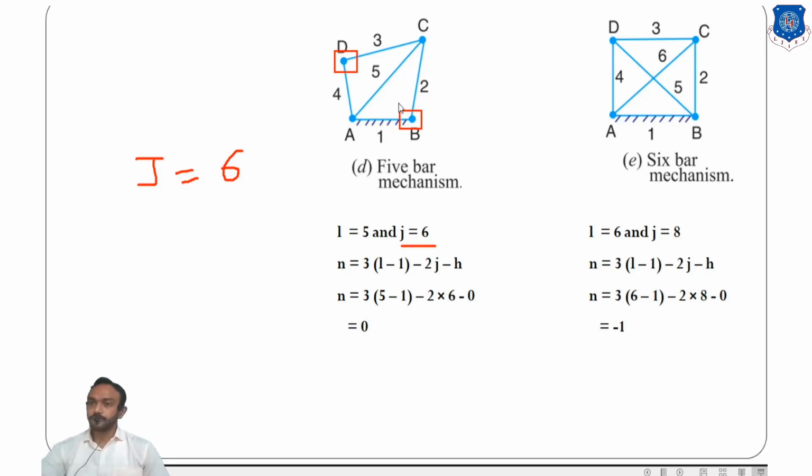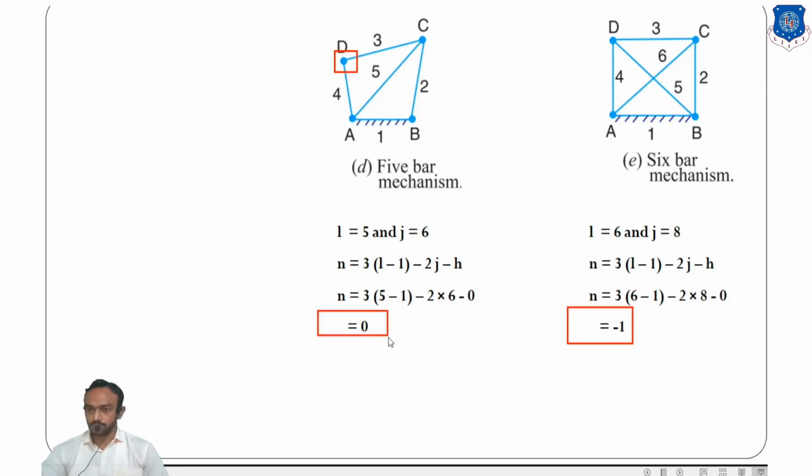But at this point, 3 links are connected at the same place, a ternary joint. 1 ternary joint is equal to 2 binary joints. So this counts as 2. So 4 plus 2 is 6. With 5 links and 6 joints, we put it in the formula and the result is 0, because of this link there is no possibility of motion. The same here, and you can find the answer minus 1 and 0.